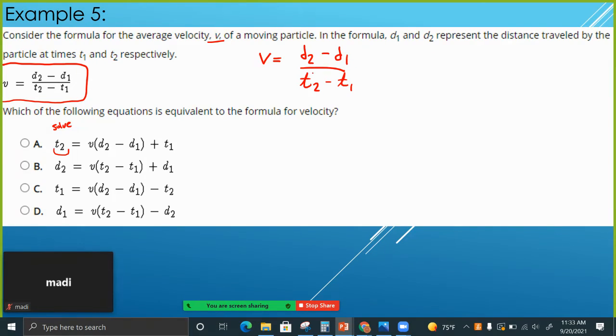Well, here's how. We're going to multiply both sides by that entire denominator, just as if it was a single number. The left side gets multiplied by that whole subtraction, and on the right side, T2 minus T1 over the same thing cancels out.